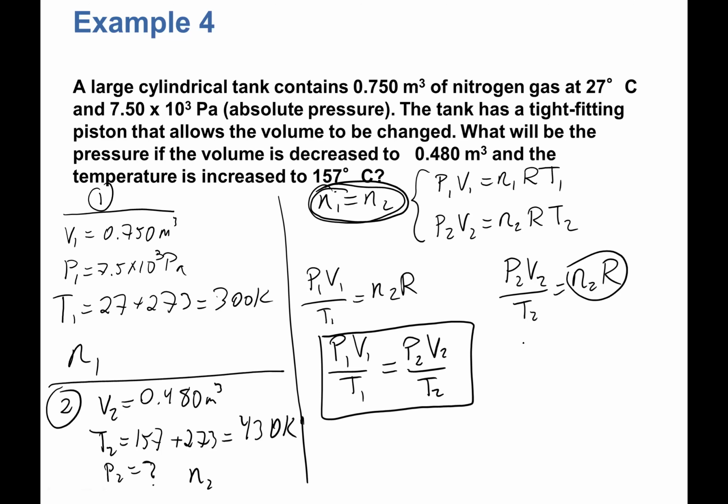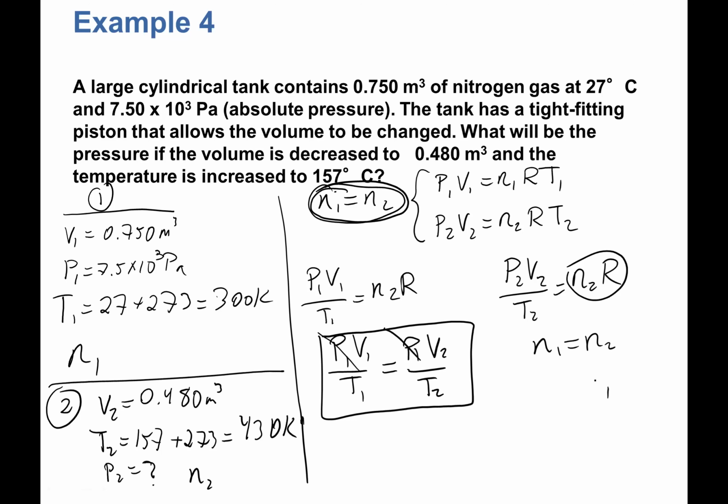What if you keep the number of molecules the same, and the pressure before and after is also the same? Then P1 and P2 cancel, and you have just V1 over T1 equals V2 over T2.